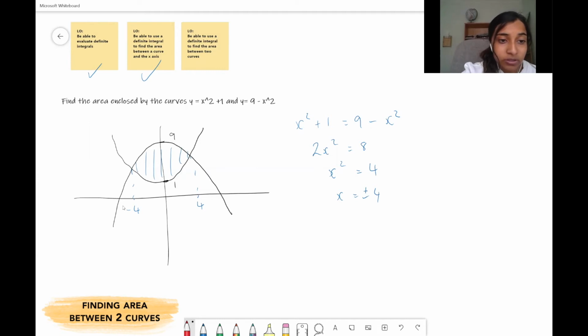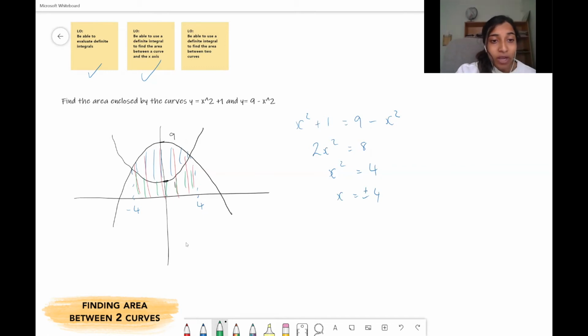So that will be this whole area here. And then if we were to integrate y equals x squared plus 1 between 2 and minus 2, we'd get the area beneath your curve, y equals x squared plus 1. So we'd be left with this area.